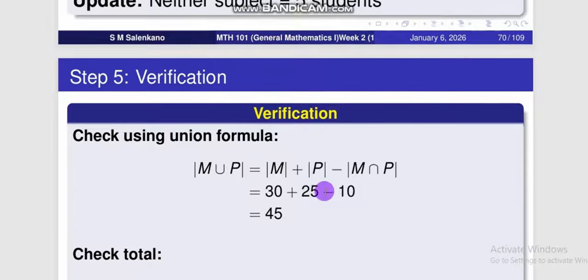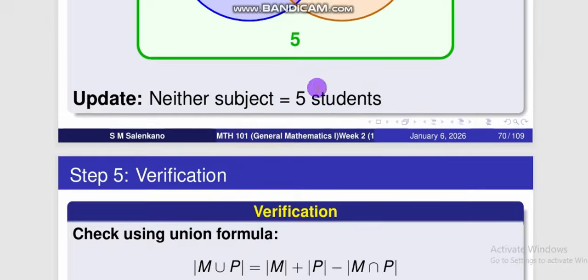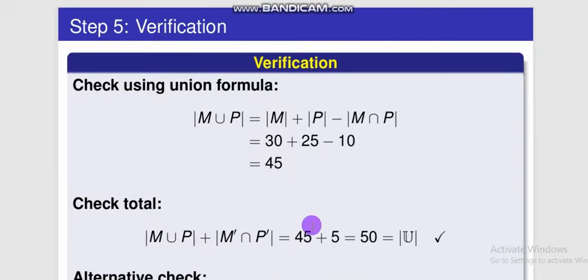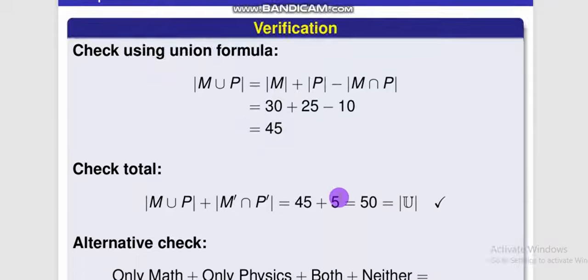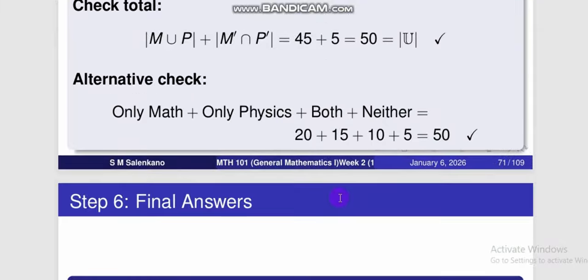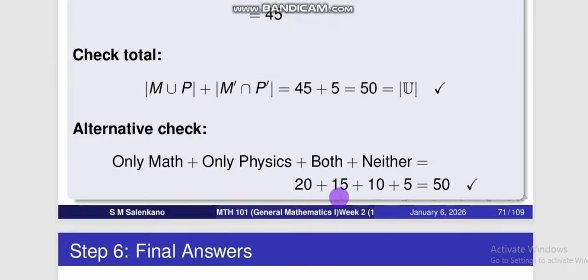We got 5 here. Where is it? You see, for those who like neither. So when you add the 45 to 5, you have 50, and that is the universal set. This is not part of the solution, okay? We are checking to make sure that our answer is right. If there is any mistake, we will go back and check our result again.